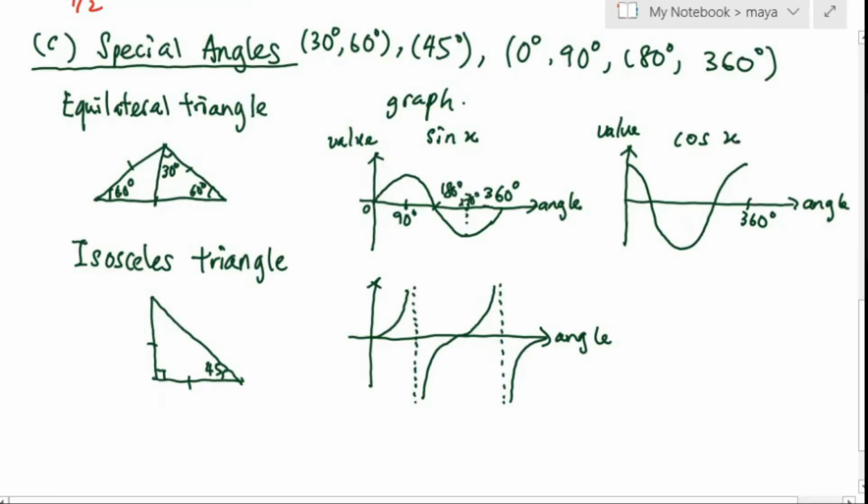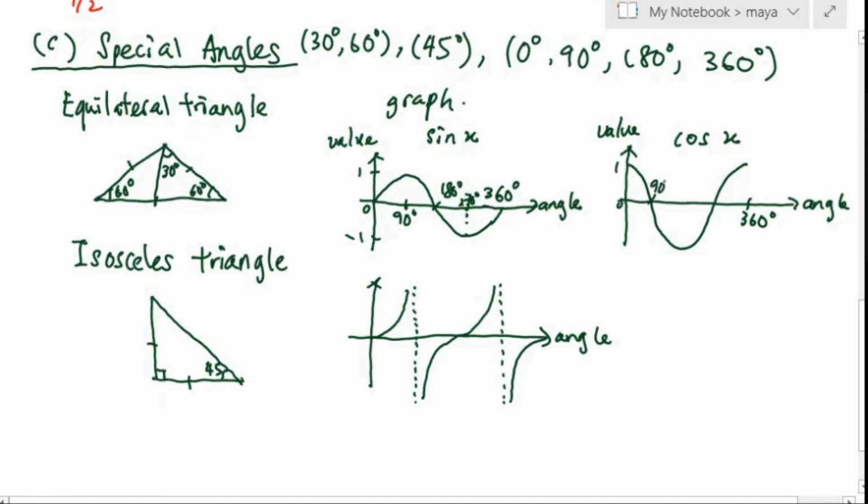Then we can see they have special value. For sine graph, when angle is 0, the value is 0, when 90 degree it is 1, when 180 it is 0, bila dia 270, the value is -1, and then when you go back to 360, this is 0. Okay, so repeat for the cos, when angle is 0, value is 1.